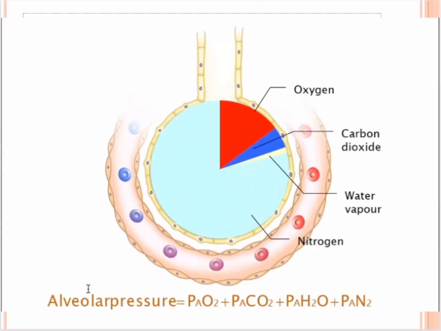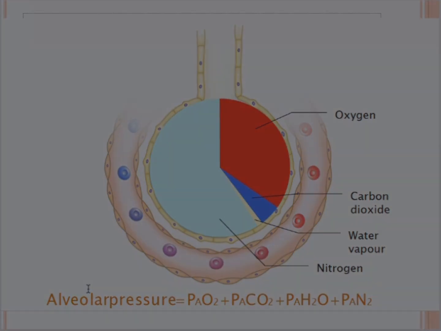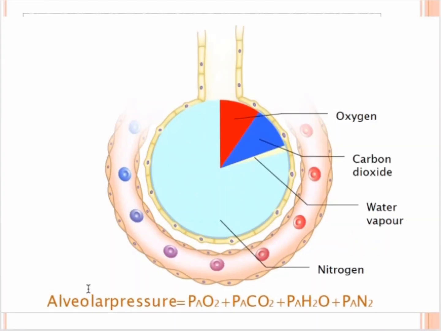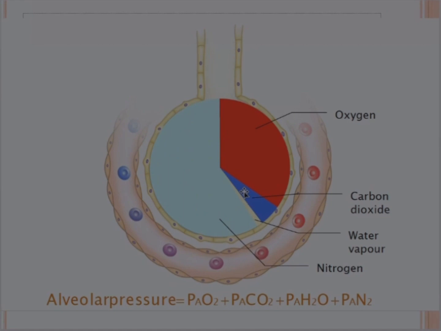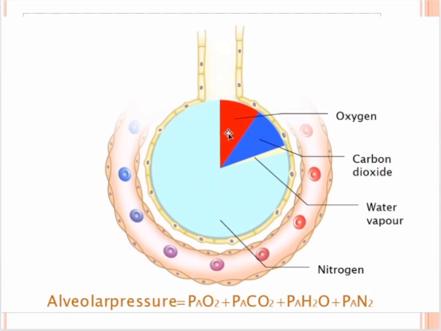If the partial pressure of one gas increases, like if the partial pressure of carbon dioxide increases, it causes a decrease in the partial pressure of oxygen and will lead to hypoxemia. So if the partial pressure of carbon dioxide is increased, the partial pressure of alveolar oxygen decreases, and that will lead to hypoxemia.